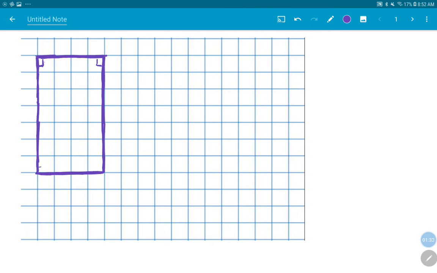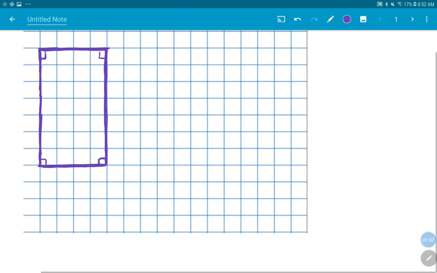Here's a right angle. Here's a right angle. Here's a right angle. By the opposite sides being the same length, here's what I mean. This side and this side are the same length. And this side and this side are the same length.